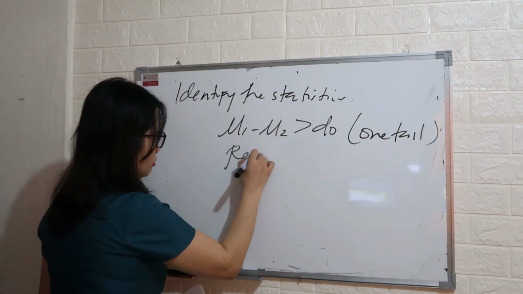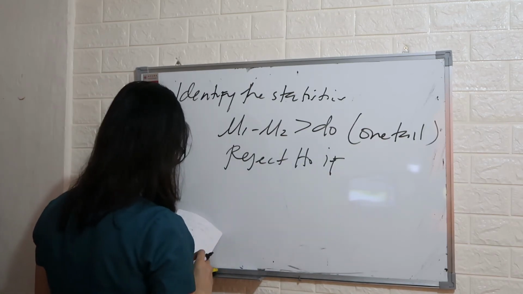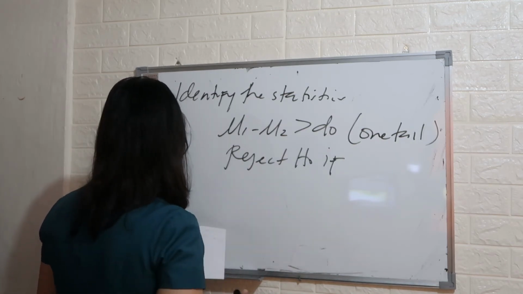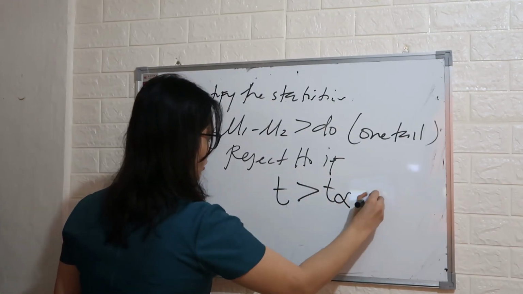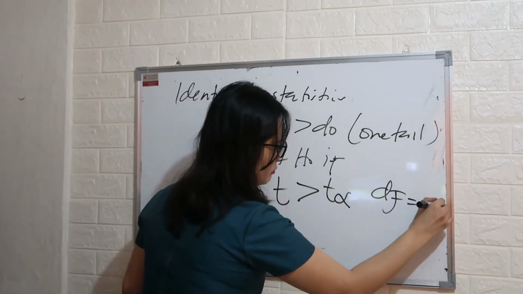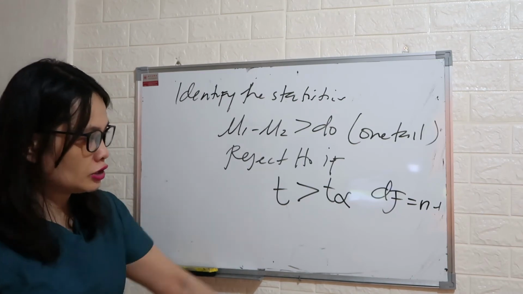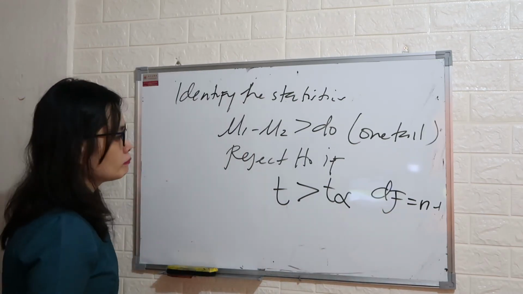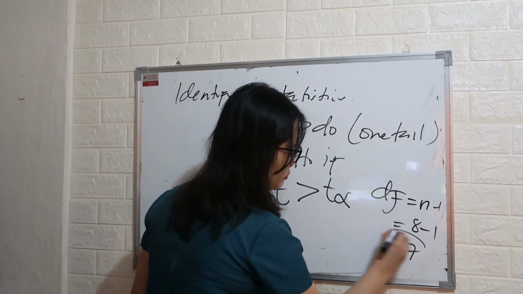So reject HO if T is greater than T alpha with a degree of freedom n minus 1. So T is greater than T alpha, and your degree of freedom will be 8 minus 1, so that will become 7.